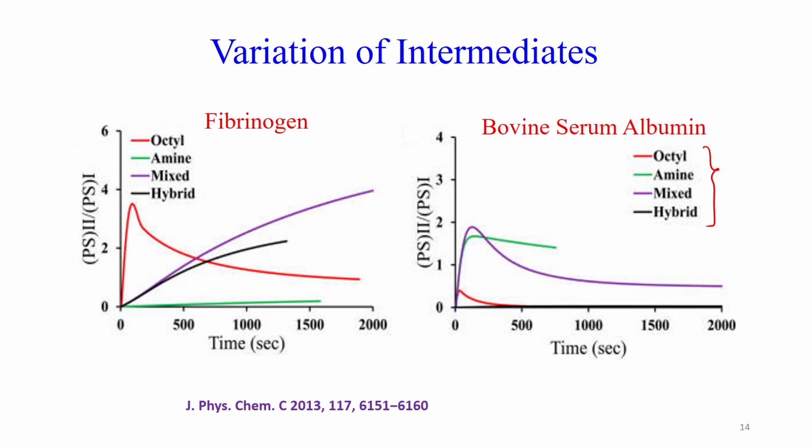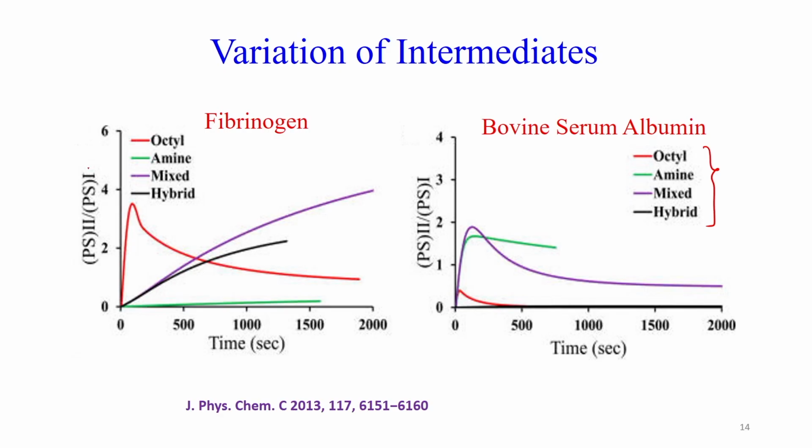It means PS2 is the final conformation, PS1 is the intermediate conformation, or you can say the side on orientation divided by the end on orientation. What we are seeing over here is that initially there is an increase in this ratio, then there is a further decrease in this ratio.